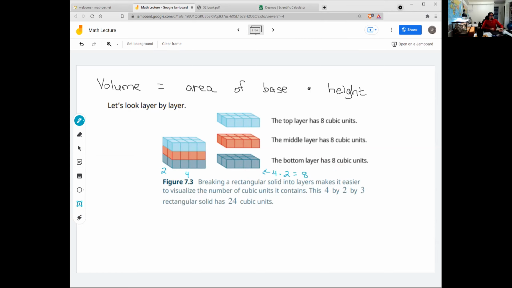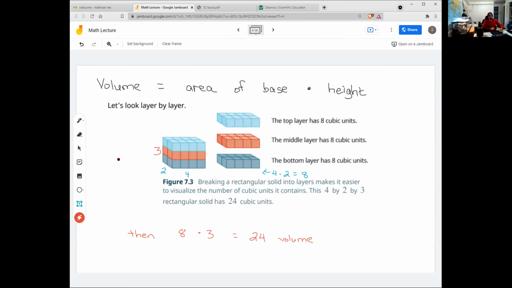But this is not a 1-story skyscraper. It's a 3-story skyscraper. So there is also a 3 going up the side. So then we do that 8 times the 3 is 24 volume total. The 3 is 3 copies, 3 different floors of our skyscraper, 3 different 8s.